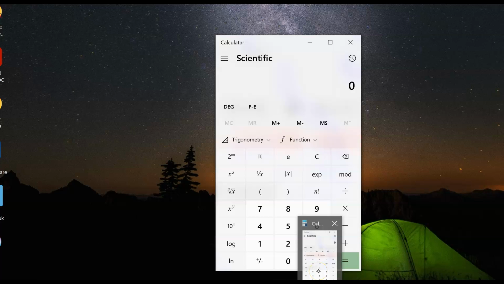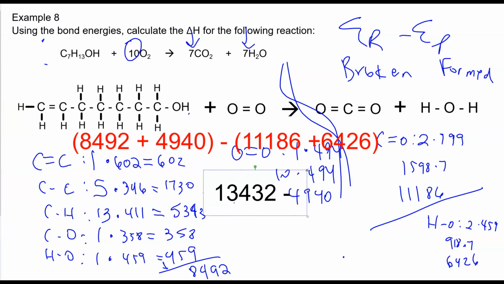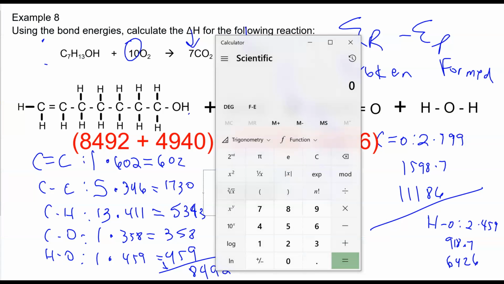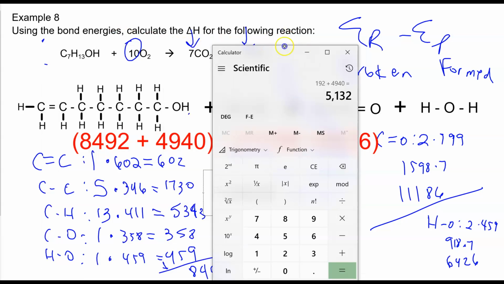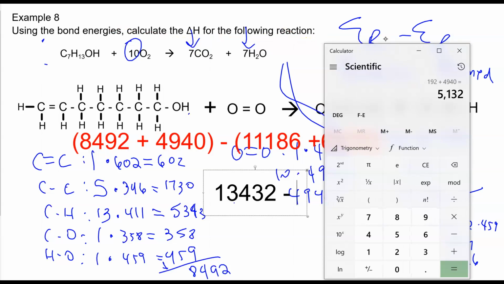Let's try that again. 8492 plus 4940 is 13432, so I agree with that side.